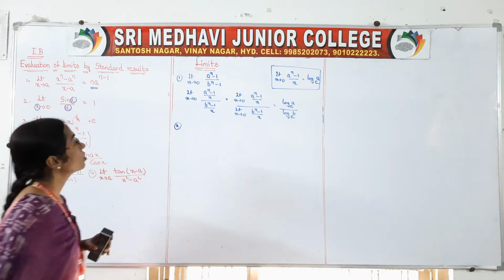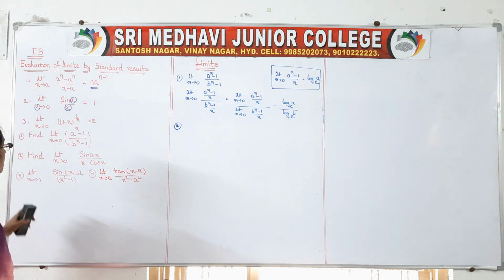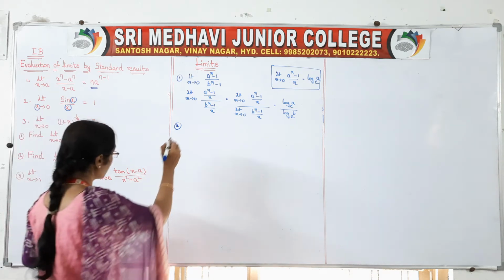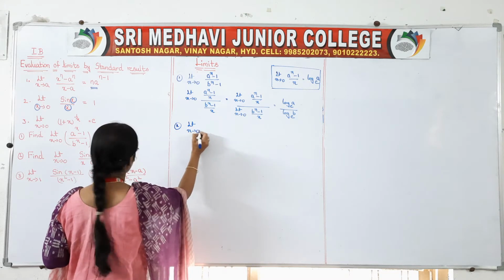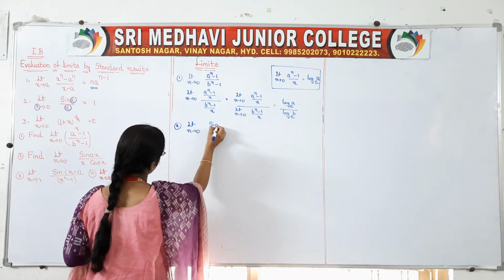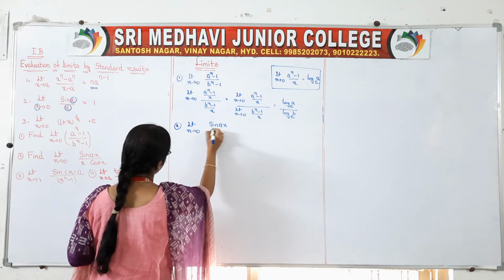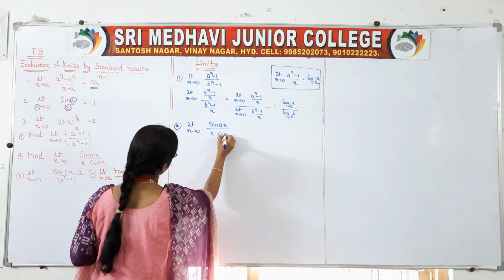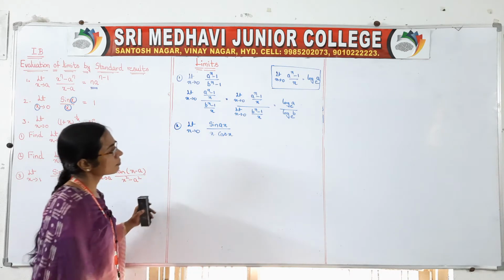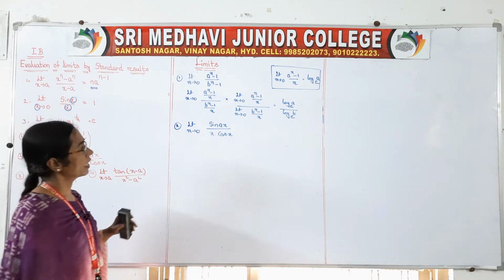So now come to the second question. What is your second question? Find limit x tends to 0 of sin ax by x into cos x. Okay, so observe it carefully.